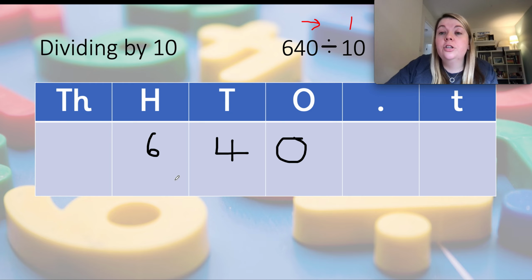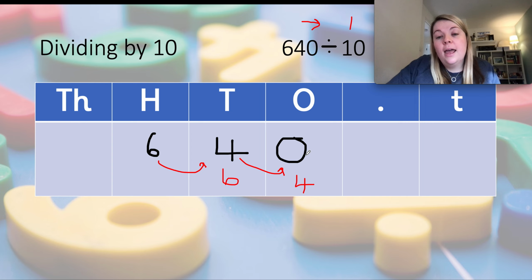So 640 divided by 10, I'm moving one place value column to the right. So my 6 goes into my tens column. My 600 changes to 6 tens. My 4 moves to my ones column. And then the 0, remember we go over the decimal point, will go here. And it'll be 0.0.